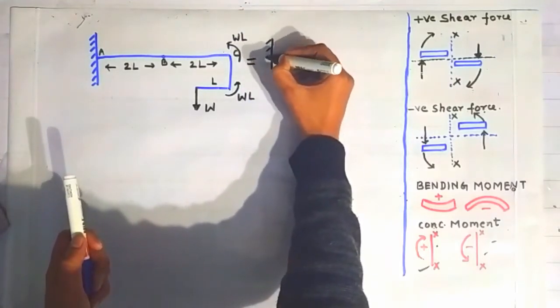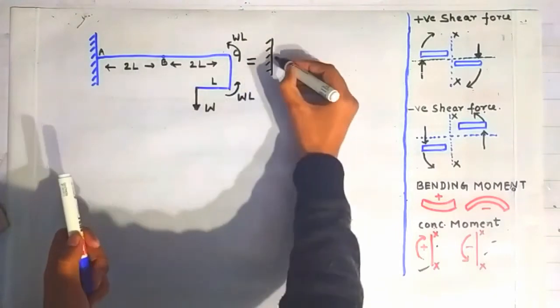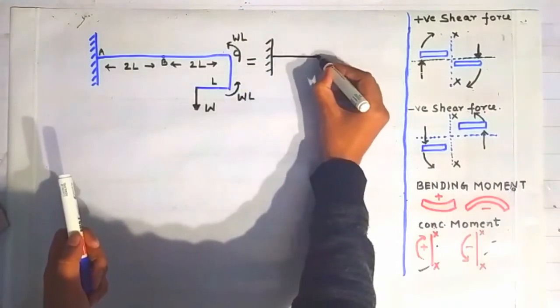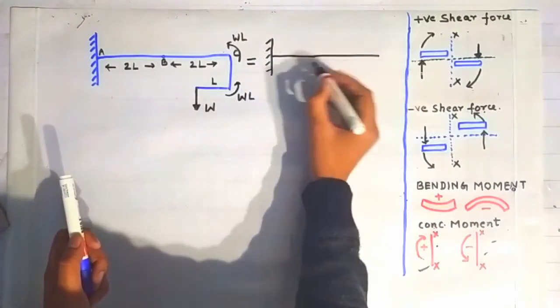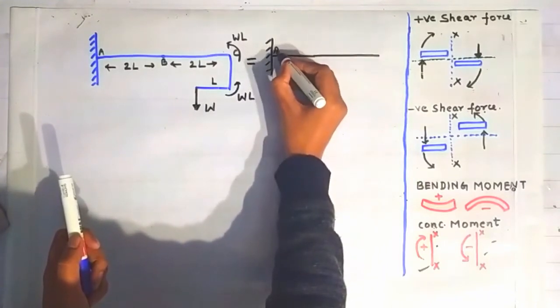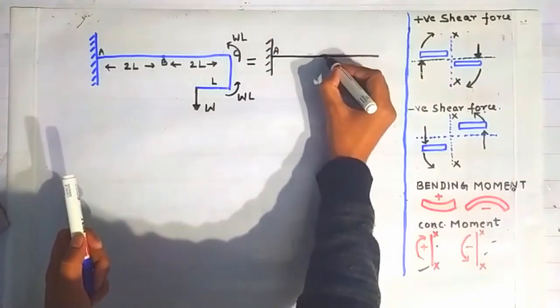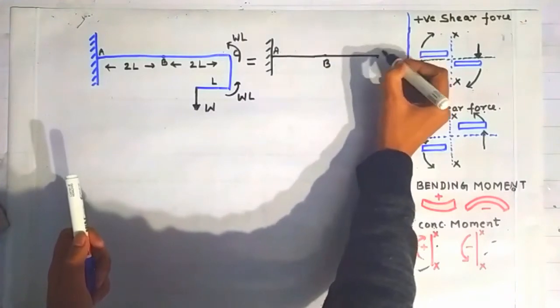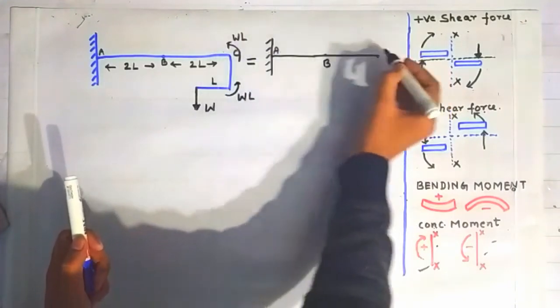The equivalent figure can be drawn for this cantilever beam like this. I am showing here. This is the point A, and this is the point B, and at the point C you can transfer this moment like this.